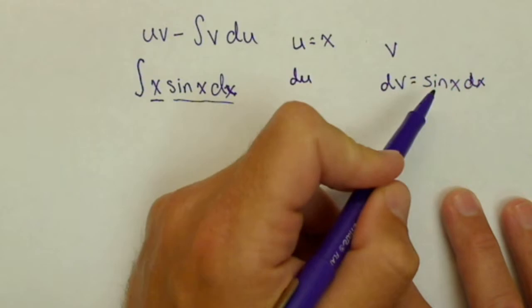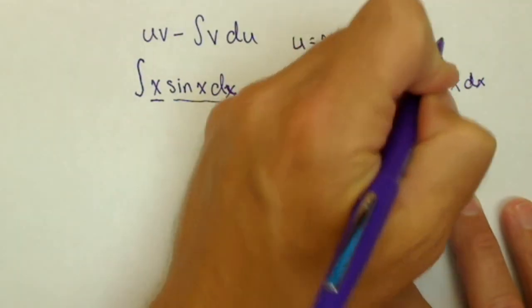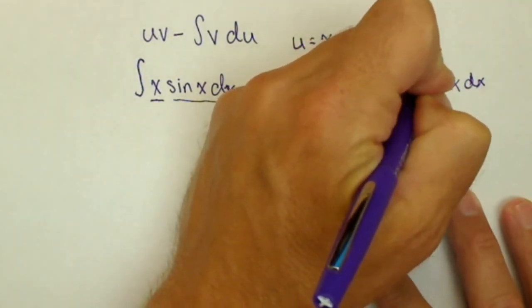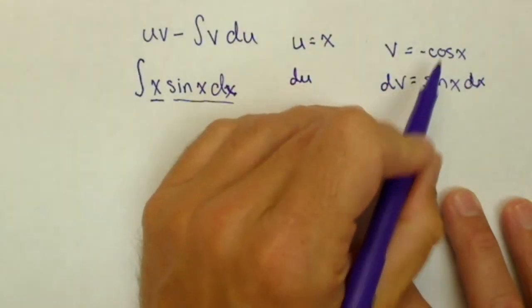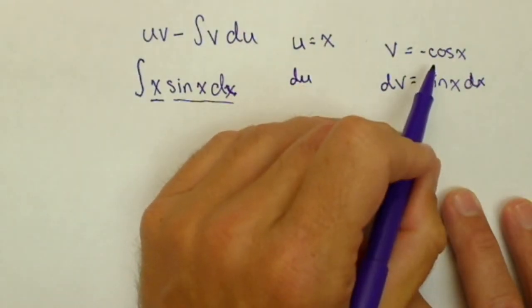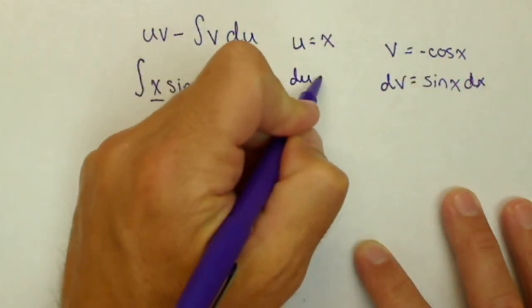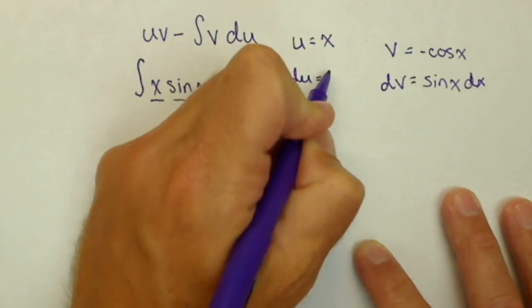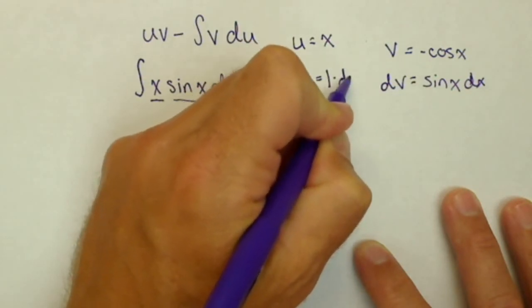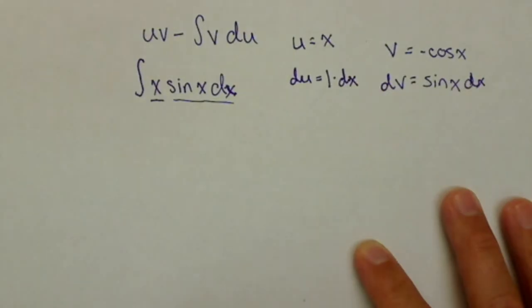So the antiderivative of sine is just negative cosine of x, and that's not really much more difficult than where I was before. My du is the derivative of u with respect to x, so that's going to be 1 dx, or you could just write dx.